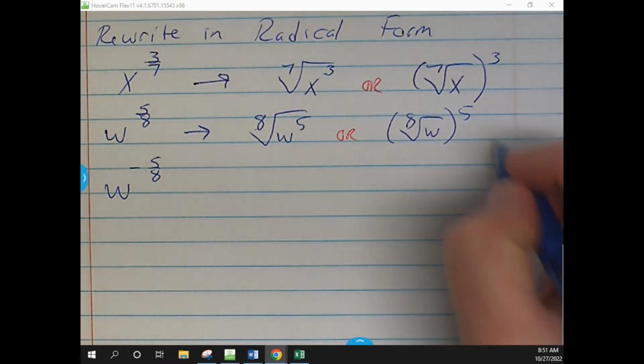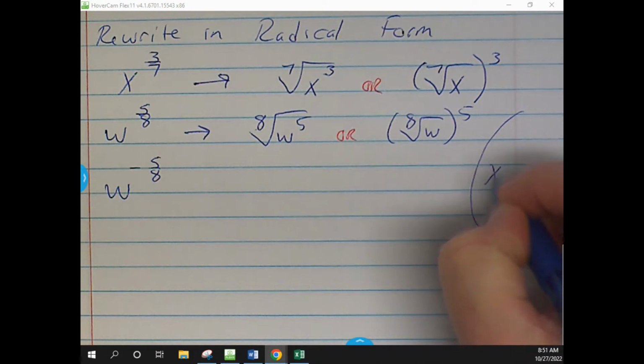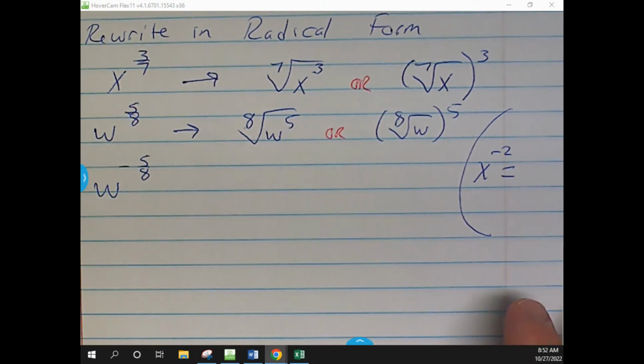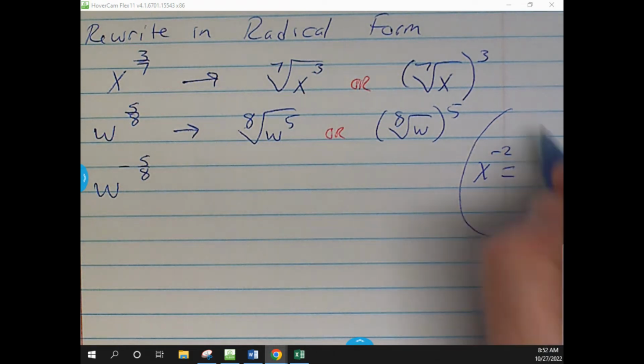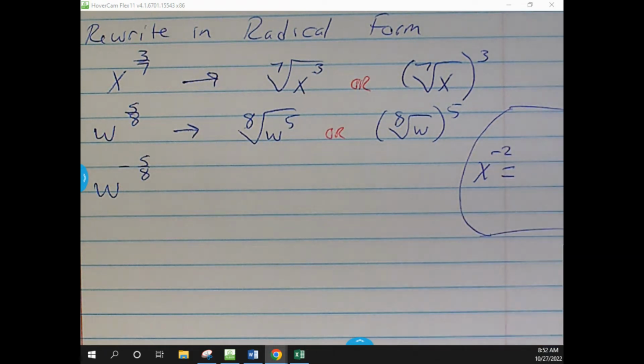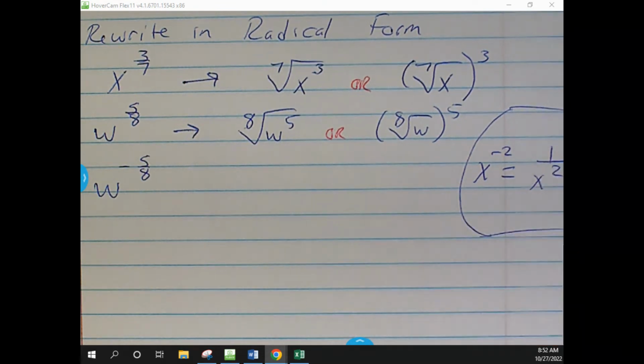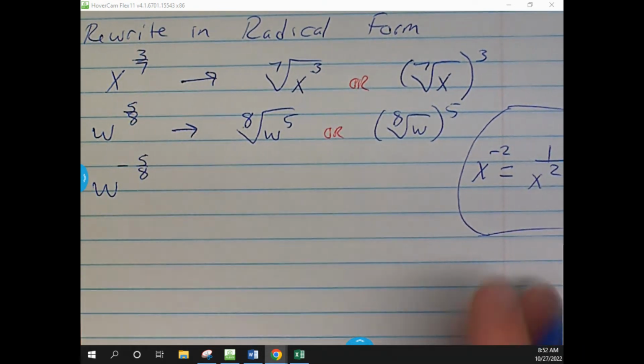Does anybody remember, and I think we talked about this, what if we had x to the negative 2 power? 1 over x squared. If it's x to the negative 2 power, the only difference between x squared and x to the negative 2 is that with a negative exponent, you rewrite it as 1 over that number. So if you have a negative exponent, it's almost like it's in the wrong place.